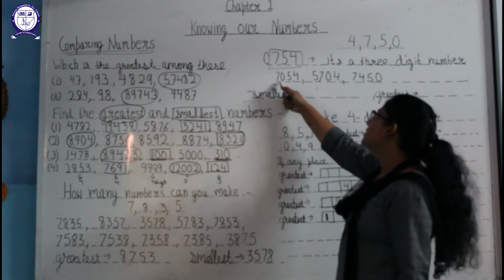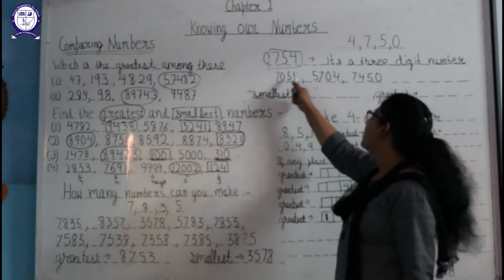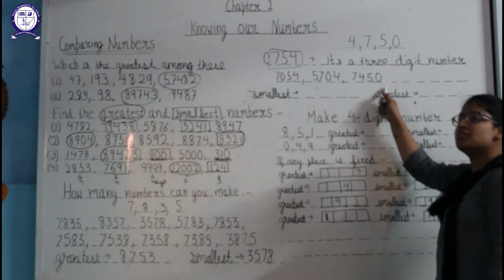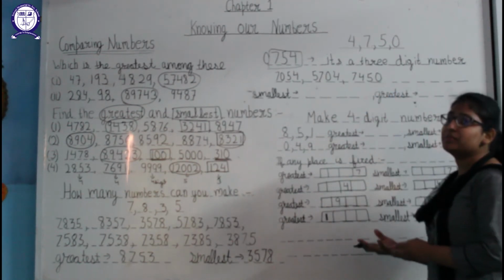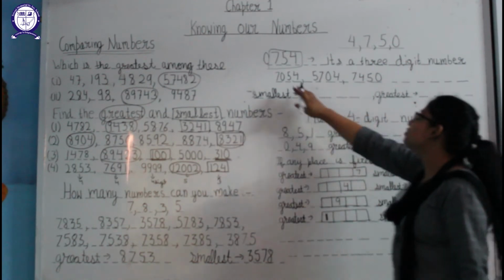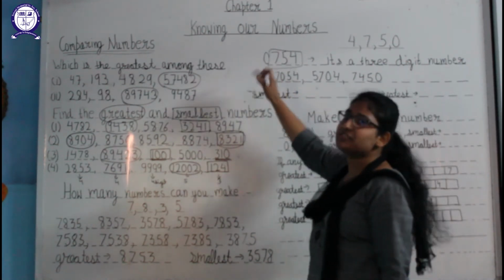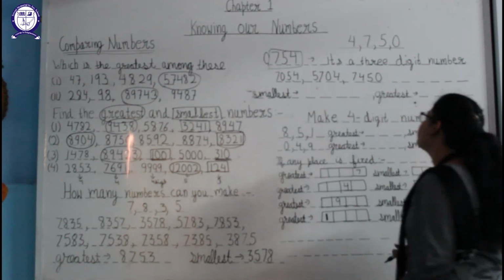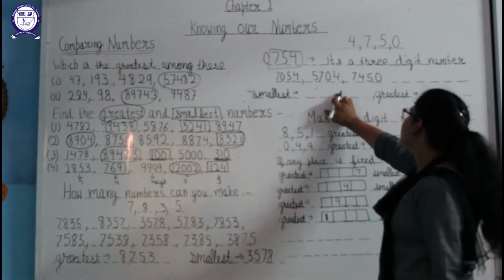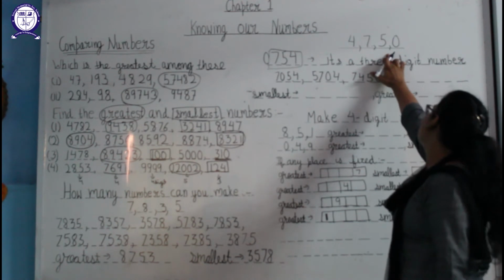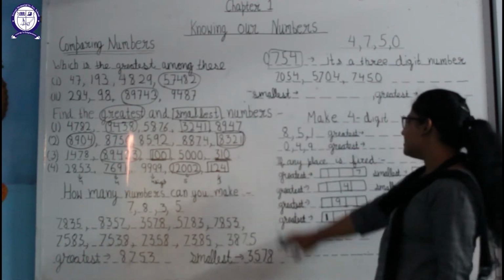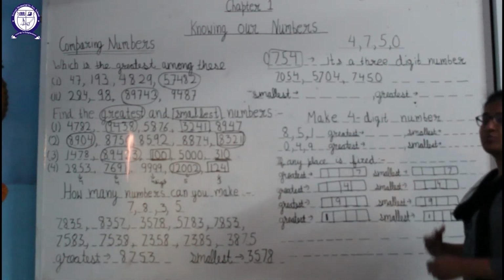Here we can use 0 at the 100th place, the 10th place, or the unit place. You can make these numbers, and many more from these, but never use 0 at the first place as it will become a 3-digit number. Here also we have to take the smallest from these given digits. As we have done earlier, we should start with the smaller one.